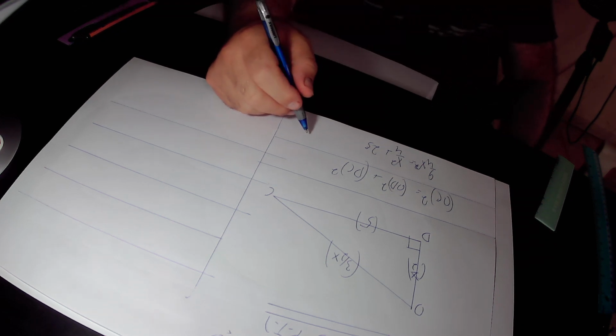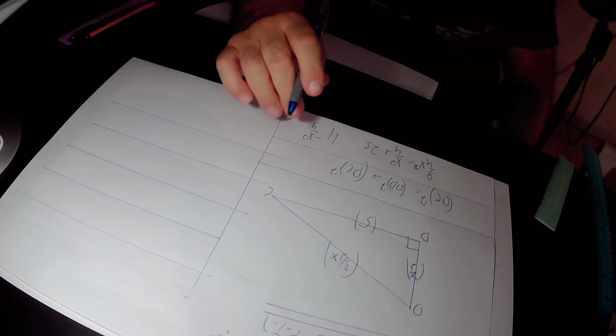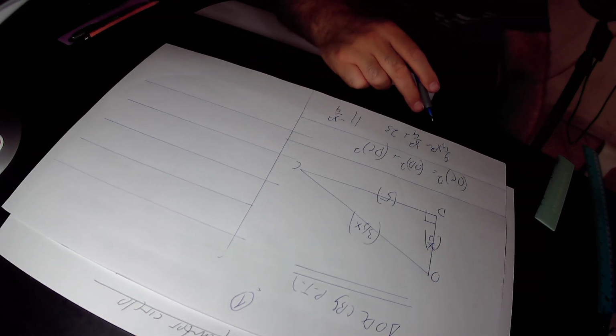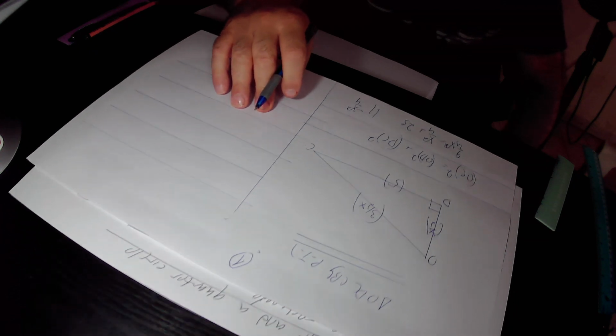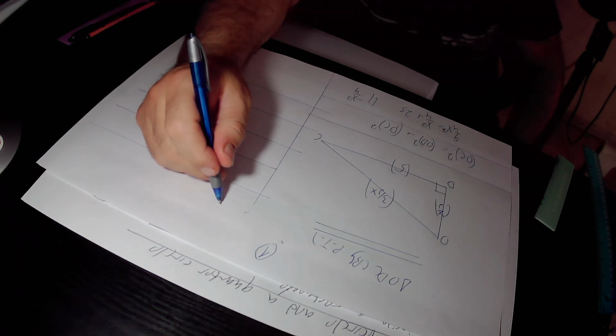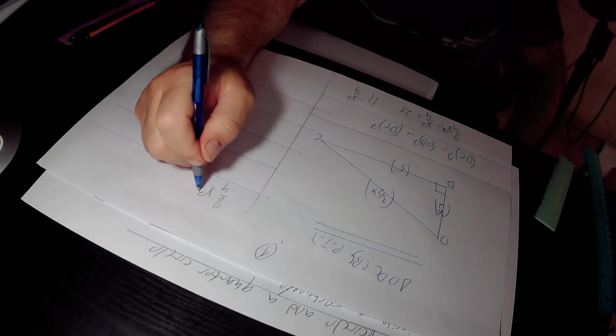Here we subtract x squared over 4 from this equation, and we get that 9/4 x squared minus 1/4 x squared equals 8/4 of x squared.